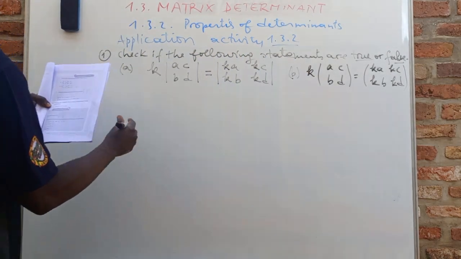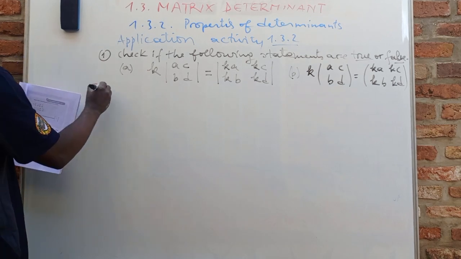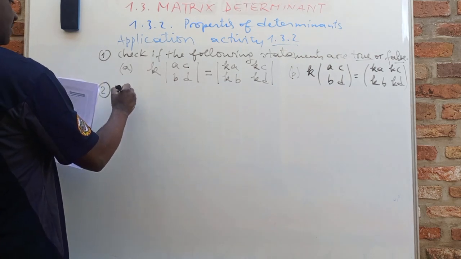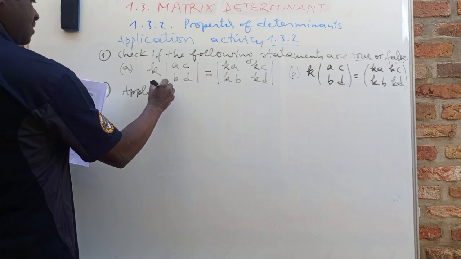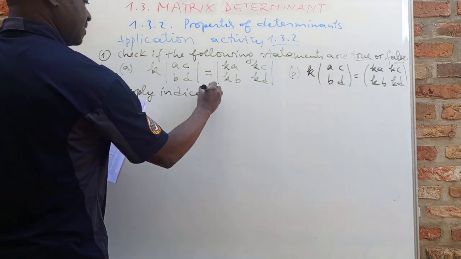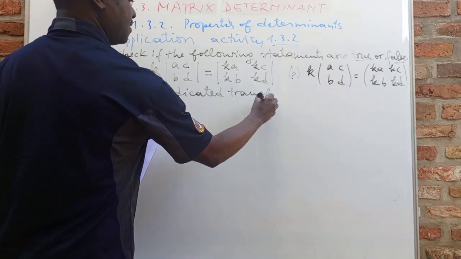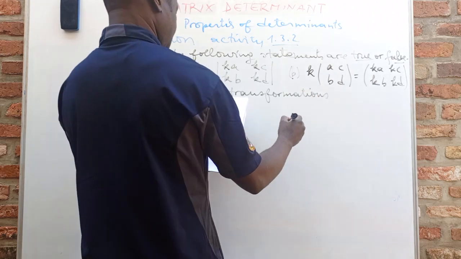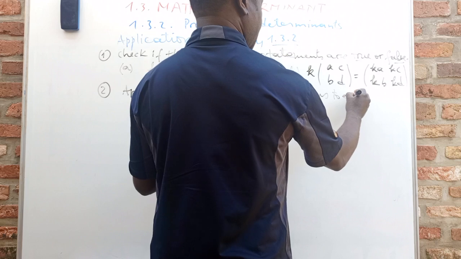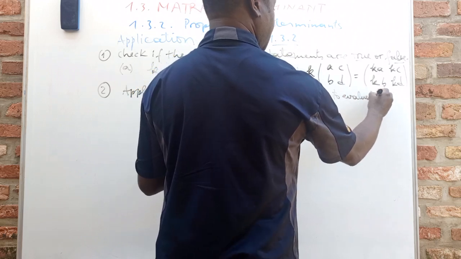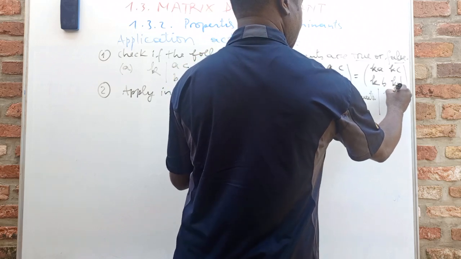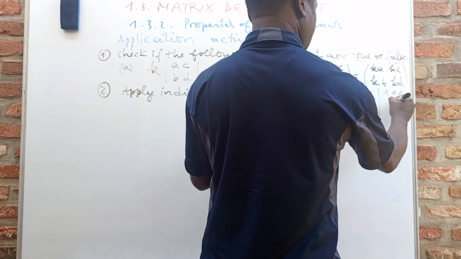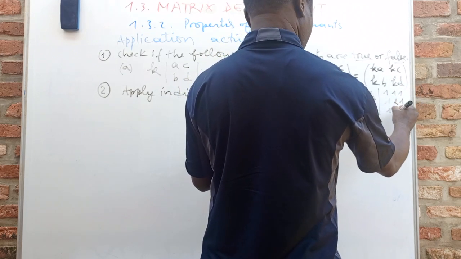So question number 2. We apply indicated transformations to evaluate this 3 by 3 determinant: 1, 1, 1, 1, 2, 1, 1, 1, 2.